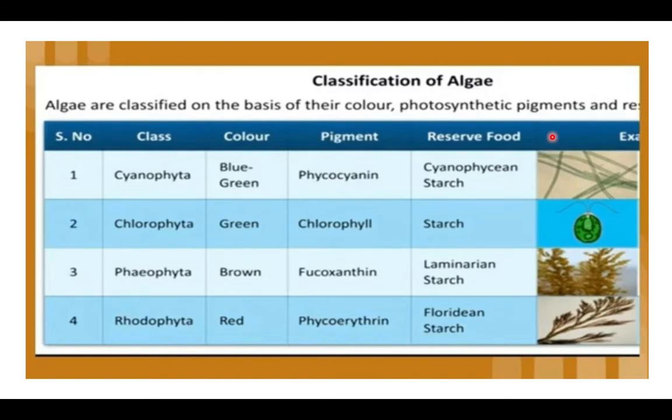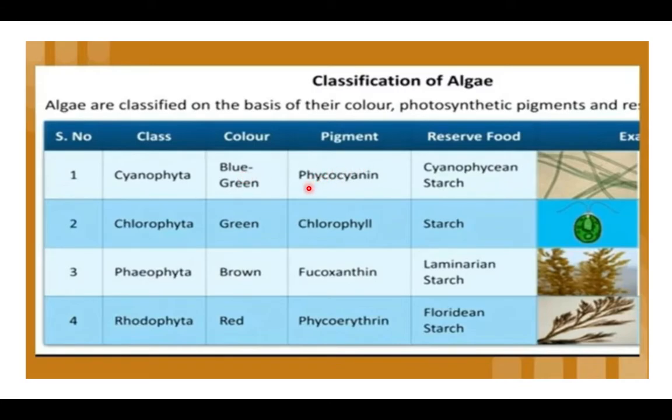And next let's discuss the classification of algae. The algae are classified on the basis of their color and photosynthetic pigments. Various classes are Cyanophyta, Chlorophyta, Phaeophyta, Rhodophyta. Cyanophyta are blue-green algae.